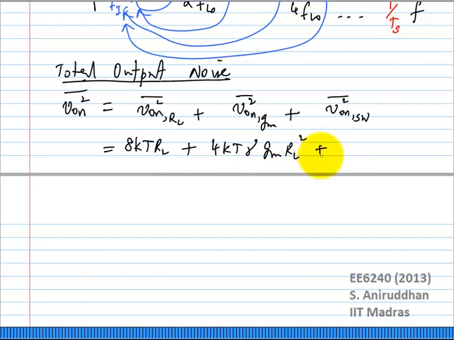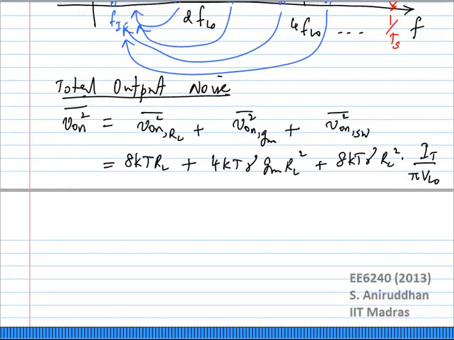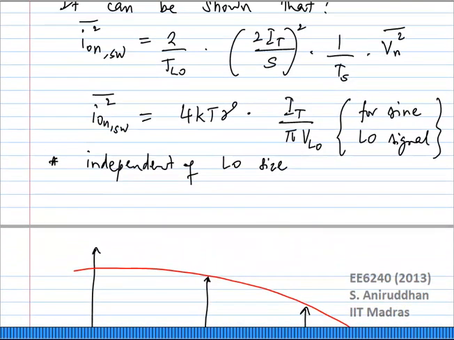Plus the noise due to the switch is 8 kT gamma RL squared times IT by pi VLO, because this is the noise due to one switch. Since you have two switches, you will have to double this.